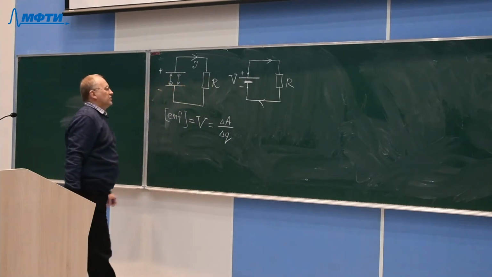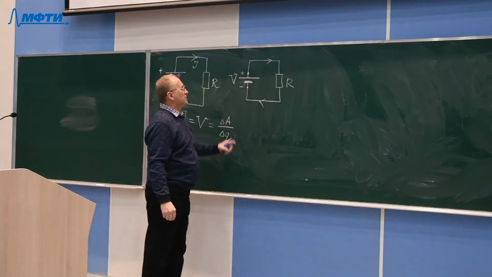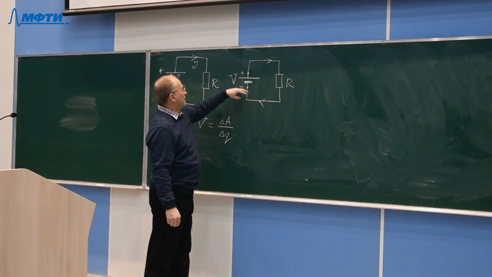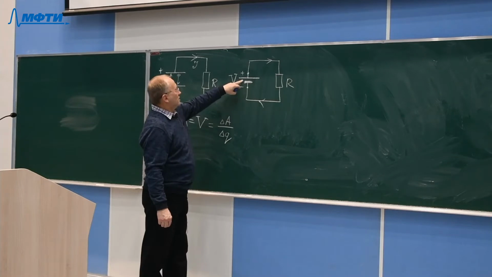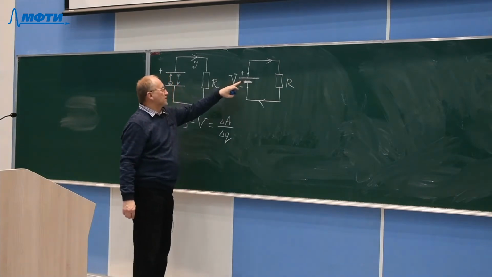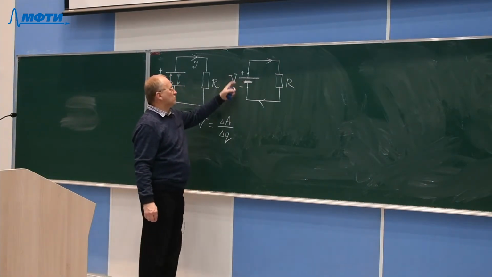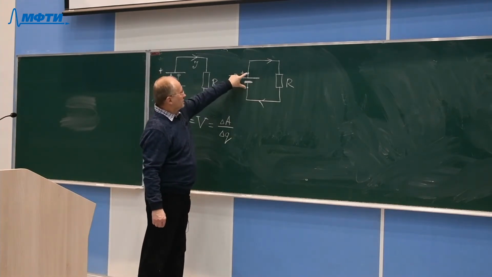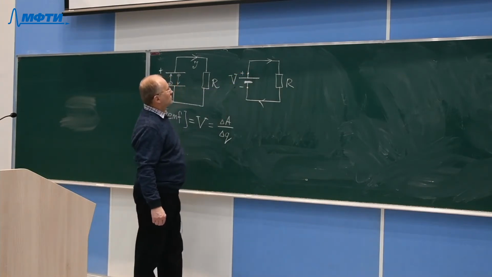If you see such a notation on any electric scheme, you understand that this is a battery which uses an electromotive force, measured in volts. And the voltage is the potential difference on this source of electric current.